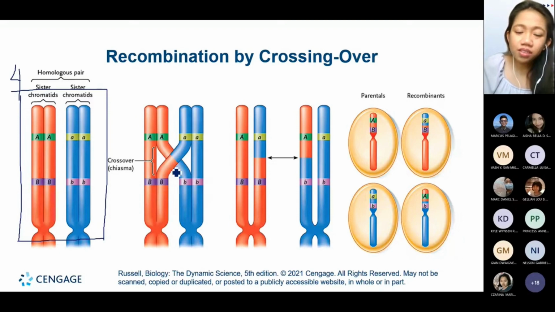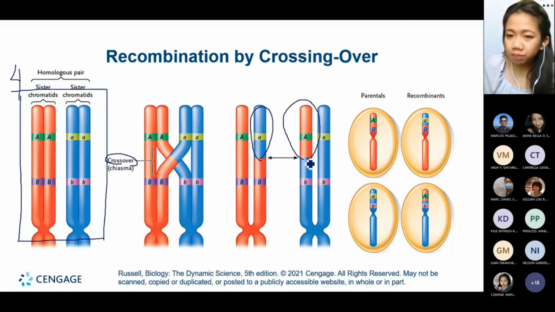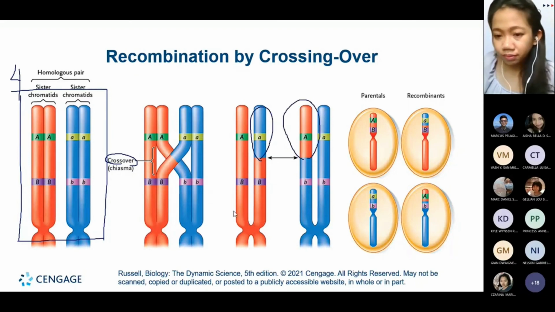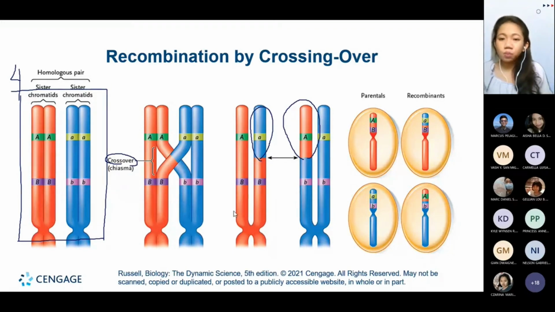Okay, so once na nagkaroon na ng tetrad, nagkakaroon na ng crossing over. Okay, so ito yung sa slide. Crossing over. So, they exchange materials. And then, okay, what do you call these spots where the alleles have been exchanged in between the chromatids?